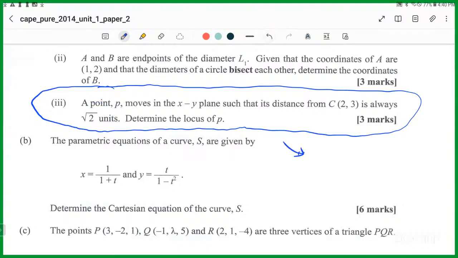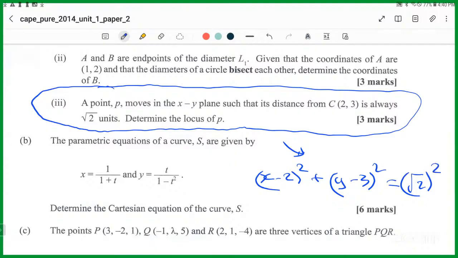That's just an equation of a circle. If you have root 2 from this point, it's a circle, and this is the center. So let's write that: x minus 2 squared plus y minus 3 squared equals the radius squared, and the radius is this distance, root 2, squared.